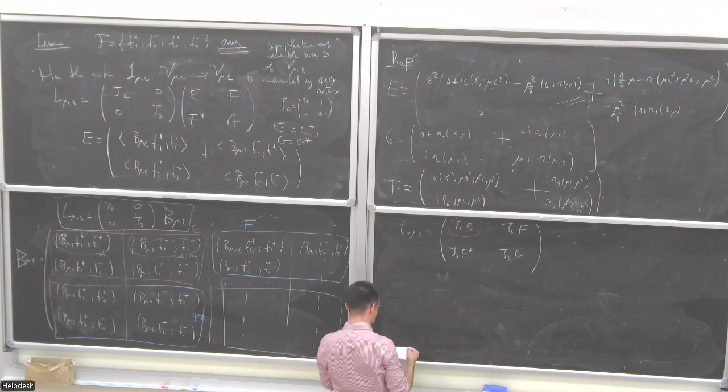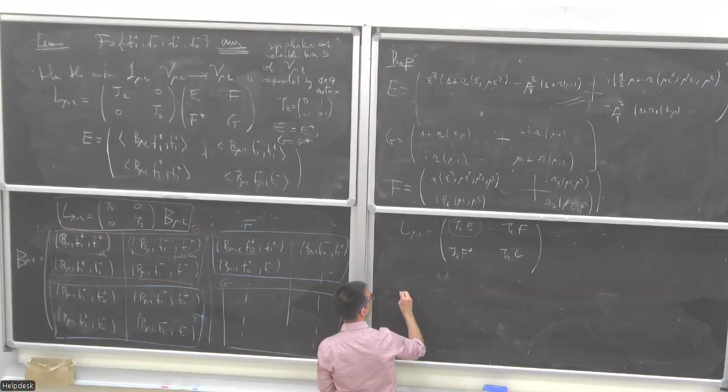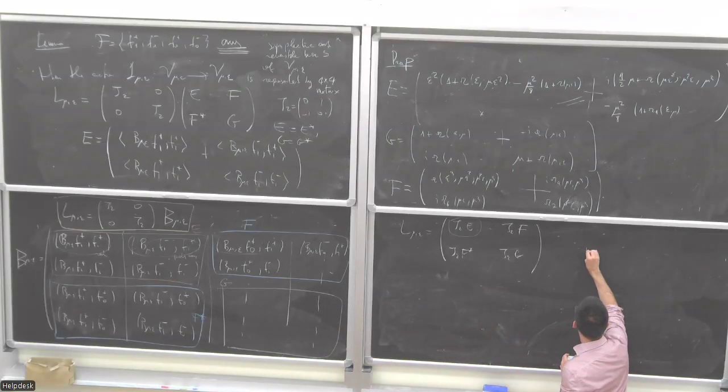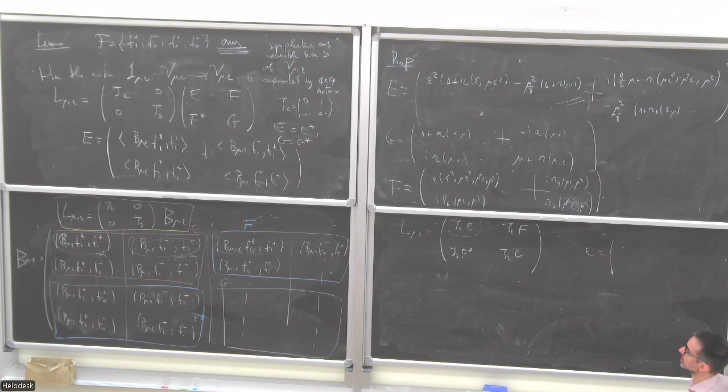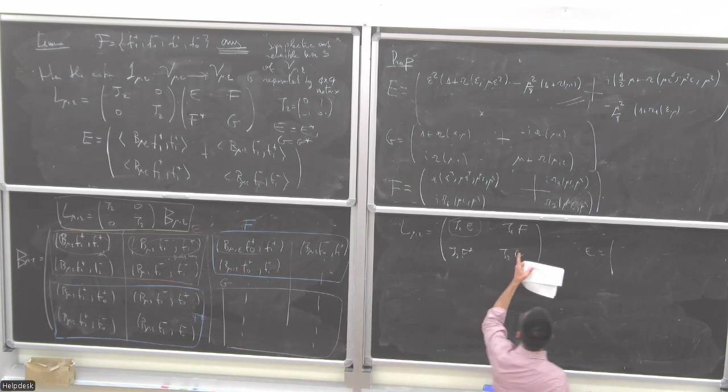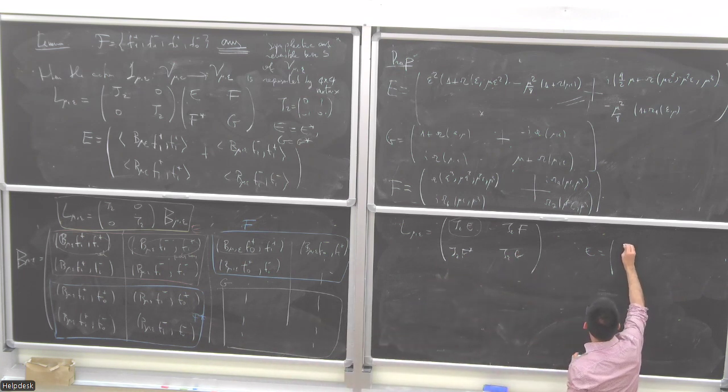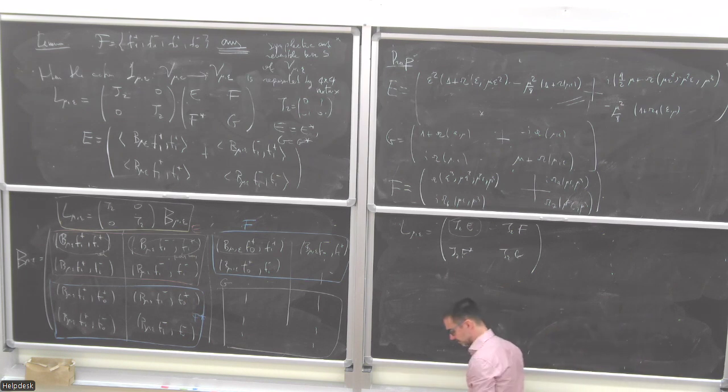So I remember that E is a self-adjoint matrix. Let me compute directly this matrix.